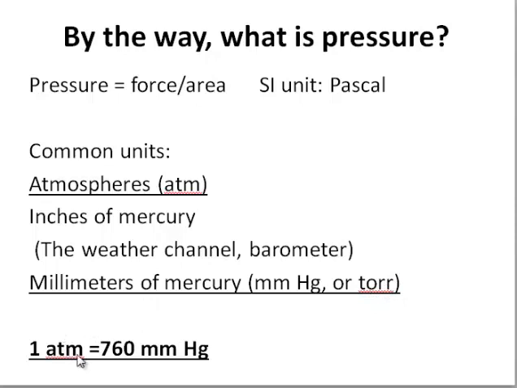It's an important relationship that 1 atmosphere equals 760 millimeters of mercury, or 760 torr. If you want to hear of a force per area definition of pressure, that's pounds per square inch, a common English unit you've probably heard of for pressure.